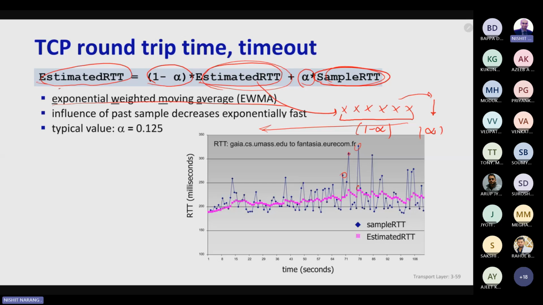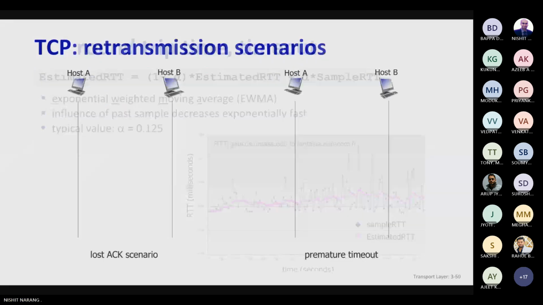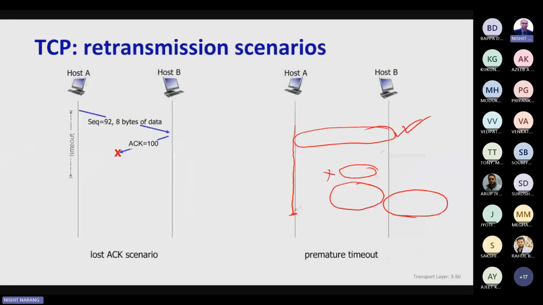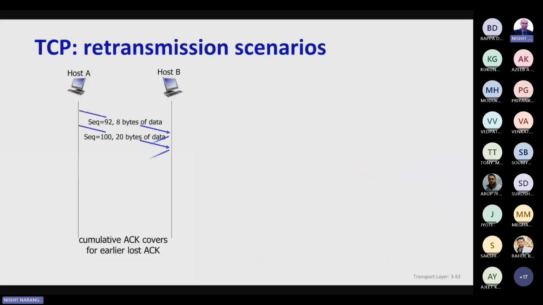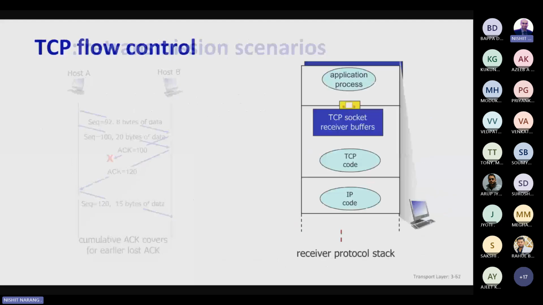When I calculate using the EWMA function and estimated RTT, I get a baseline which is closer and doesn't fluctuate so much. So I use the estimated RTT, and slightly more than the estimated RTT, to set my timeout value. That's what TCP does. So this is all about how TCP implements sequencing and acknowledgement.